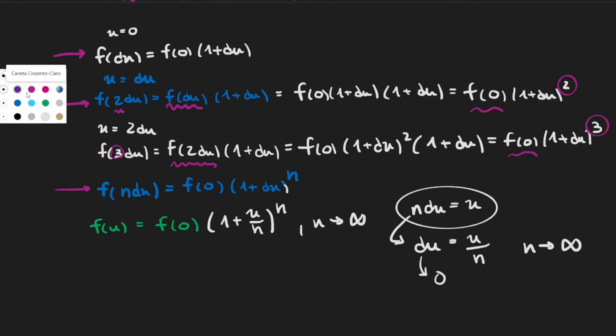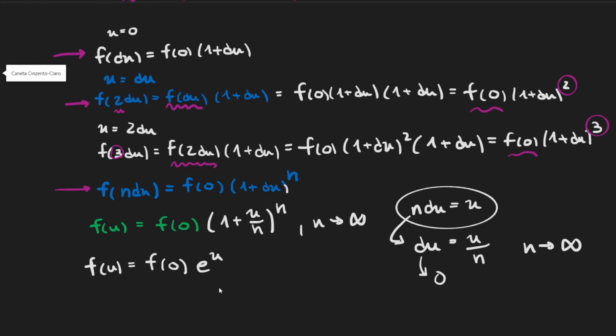So f(x) equals the function evaluated at 0, f(0), times e to the power of x. This is the same as the limit as n approaches infinity of (1 plus x divided by n) to the power of n, and that's just e to the x.